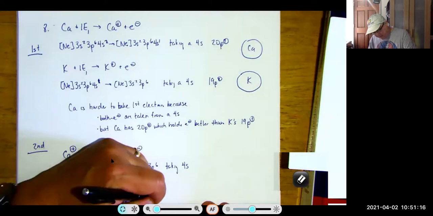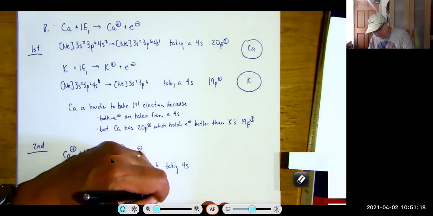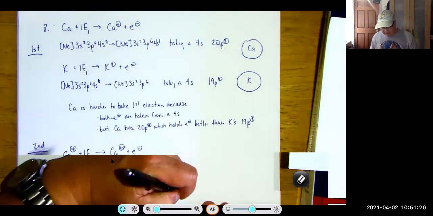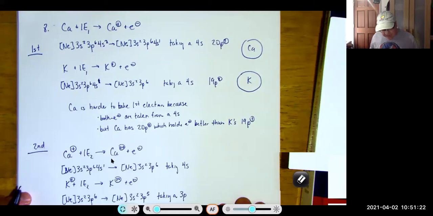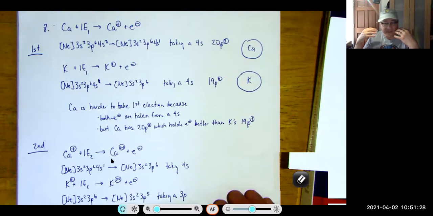So we're taking a 3p electron. Now here, it doesn't matter that calcium's got more protons. In a fight to the end, the shell matters more than the number of protons.